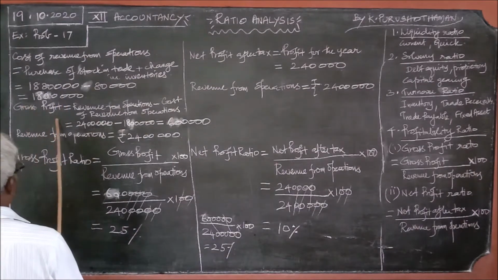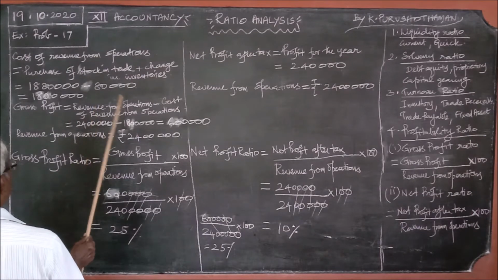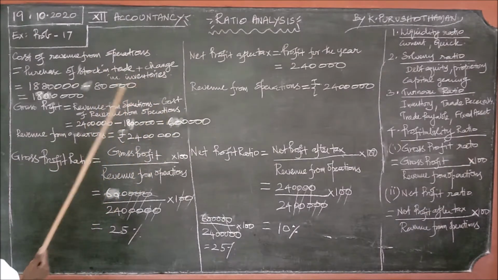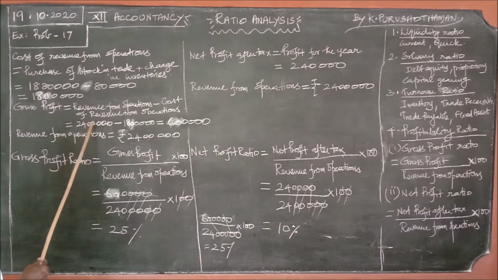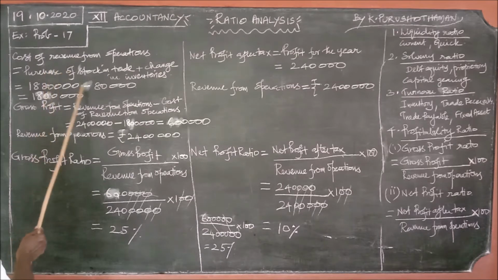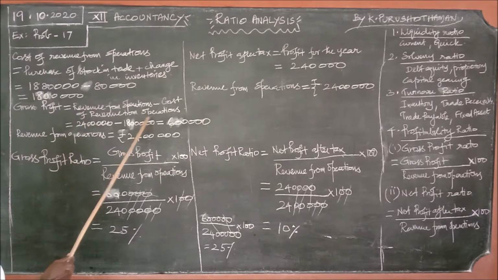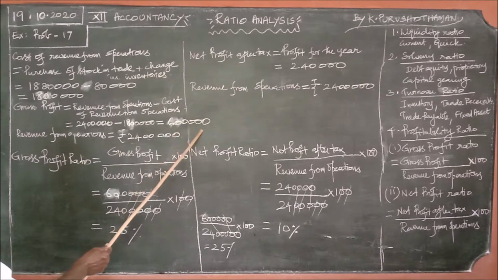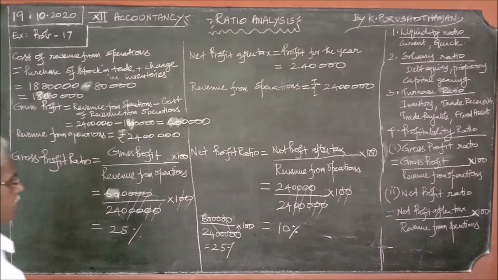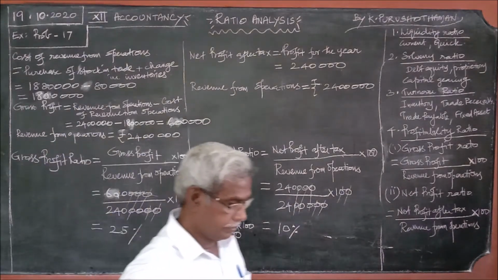Therefore, gross profit is equal to revenue from operations minus cost of revenue from operations. Revenue from operations is given straight away, and the cost of revenue from operations we have calculated as 18 lakhs, and therefore the answer is 6 lakhs. Numerator 6 lakhs, denominator 24 lakhs into 100, you simplify, you will get 25%. Okay.